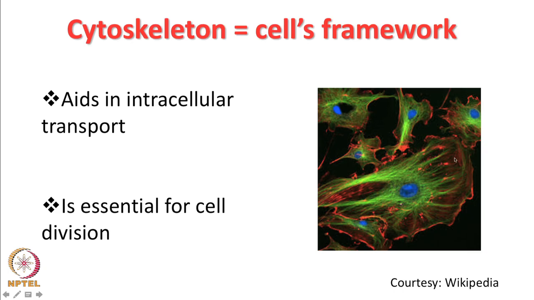The microtubule is the one which aids in intracellular transport and is a key protein for cell division. Most anti-cancer drugs target cancer cells by perturbing the microtubule dynamics within the cell. So, the cytoskeleton is the cell's framework, a mechanism which ensures that the cell is taut.